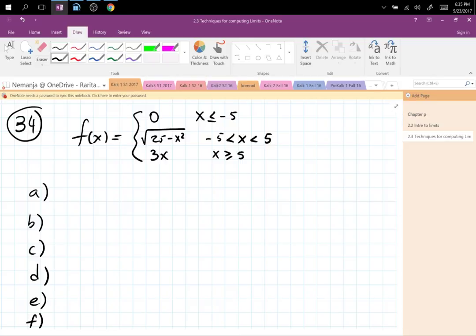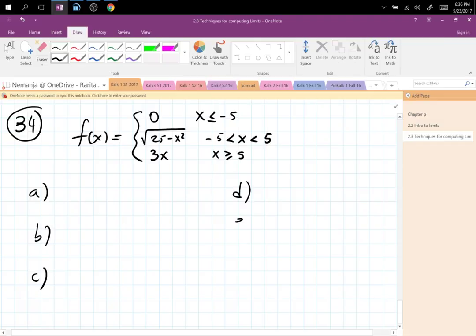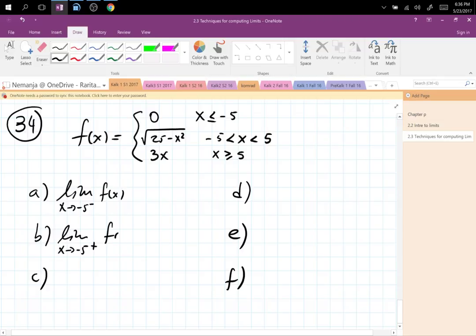Okay, let's break it up differently. A, B, C, D, E, F. So we have the limit as x approaches negative 5 from the left, the limit as x approaches negative 5 from the right, and the limit of f of x overall at -5.